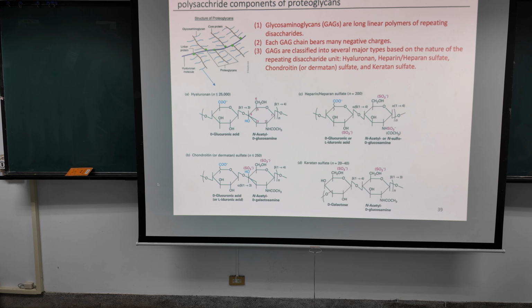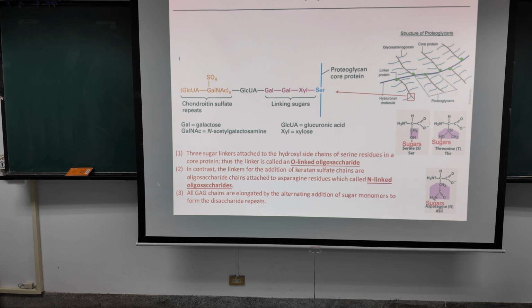So the sugar depends on what kind of amino acid. The sugar will only bind to certain amino acids. If it binds to the OH group of the serine, we call this O-linked oligosaccharide. If it binds to the NH2 group of the asparagine, we call this N-linked oligosaccharide.